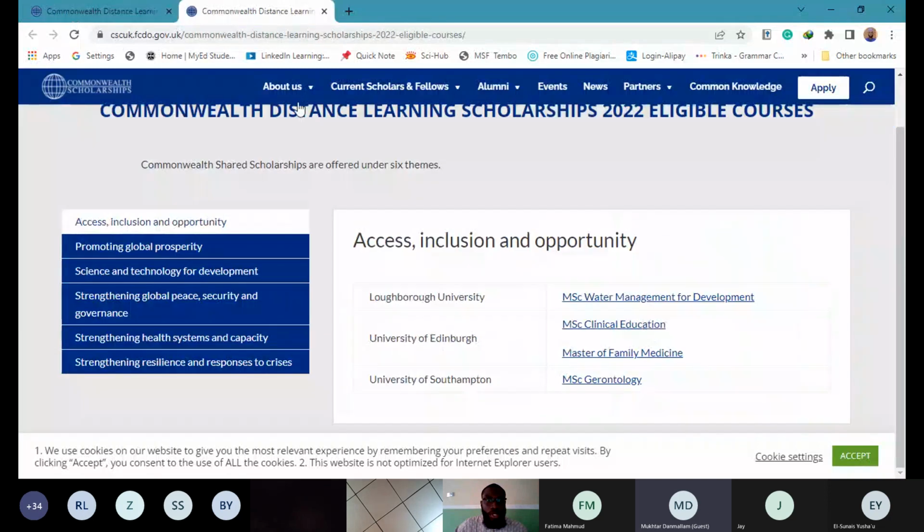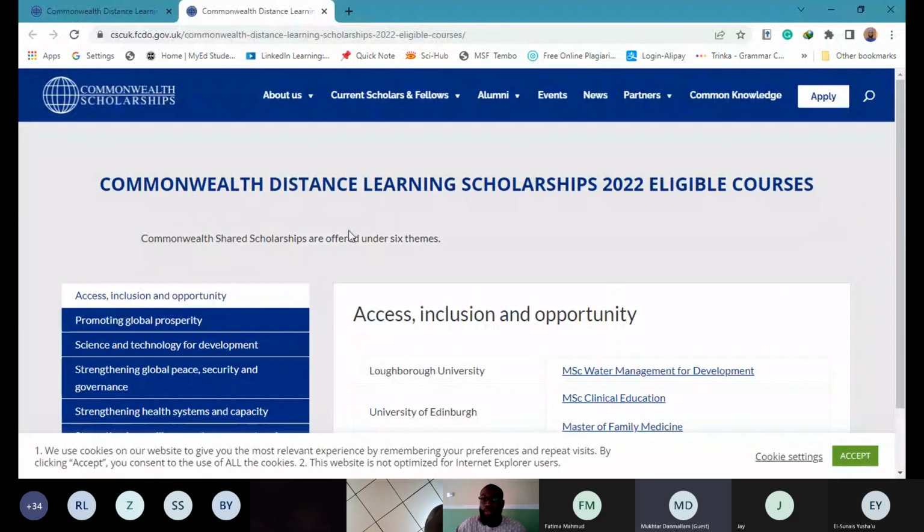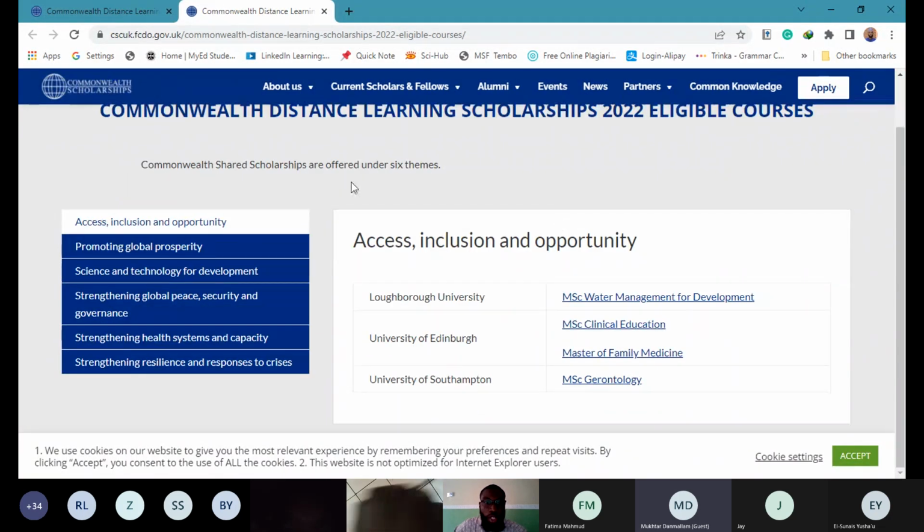Then we'll talk about under each of these teams for this distance learning, there are courses per team. So for example, for access, inclusion, and opportunity, we have 3 universities, and these are the courses that they offer: MSc Water Management for Development, MSc Clinical Education, Masters of Family Medicine, Master of Gerontology.